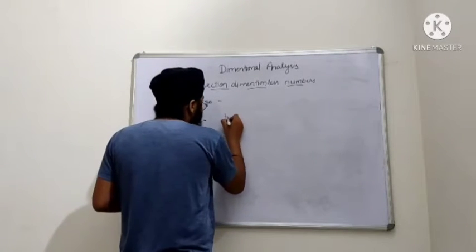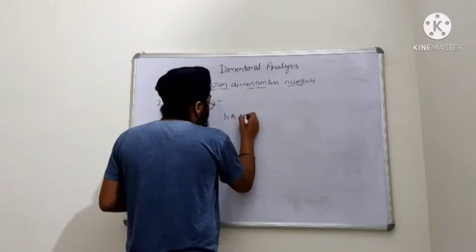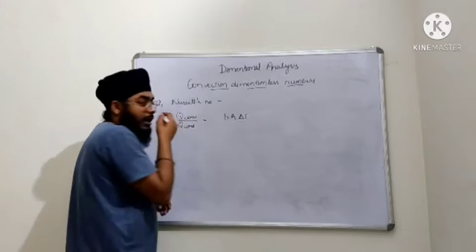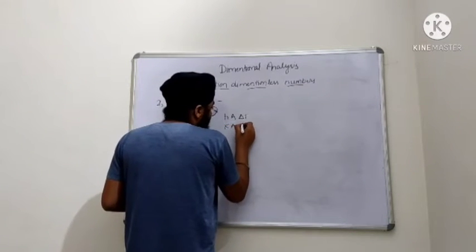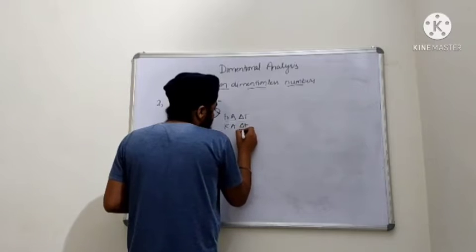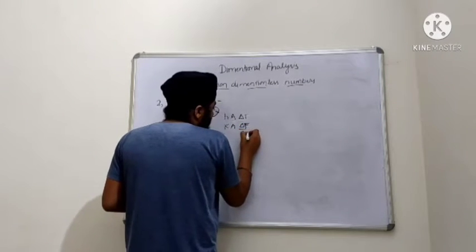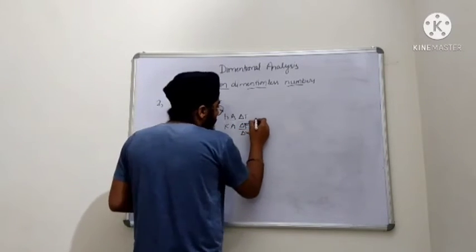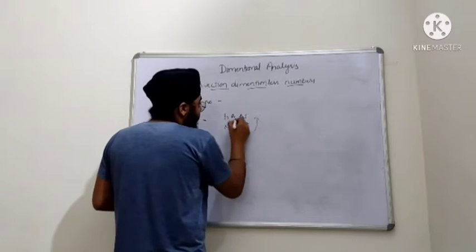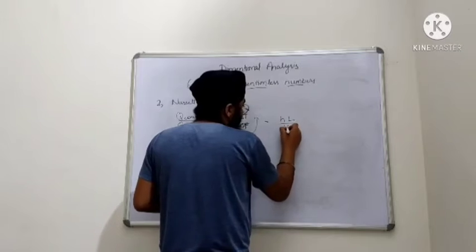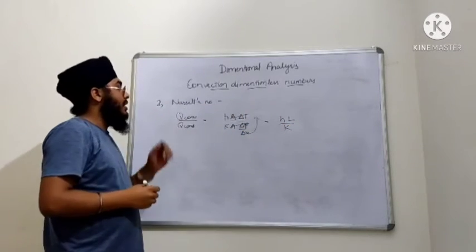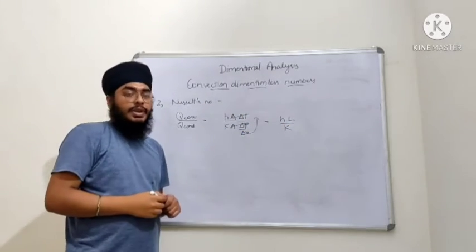So it is H A delta T, and conductive heat transfer Q is equal to K A delta T upon delta X. Now this X will go here and these will cut out. So we will have H L by K. So this is Nusselt's number.